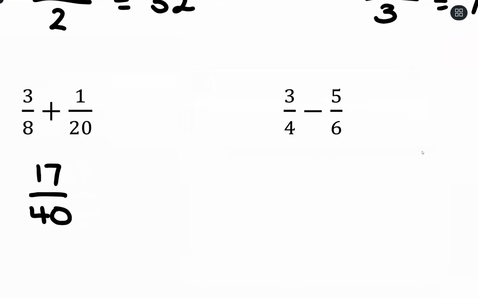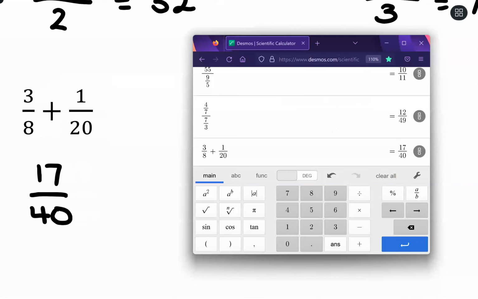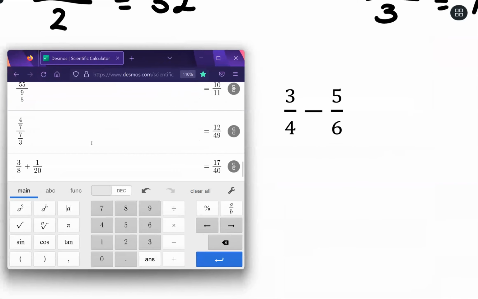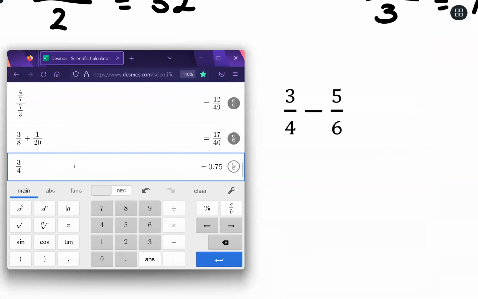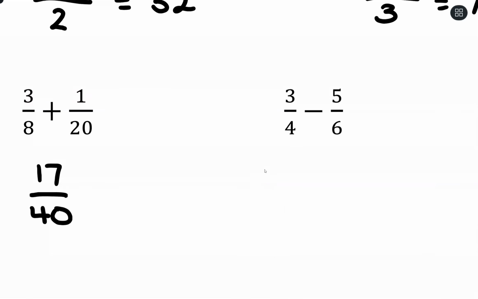17 over 40. Let's see, 3/4 minus 5/6 is going to be a -1/12.